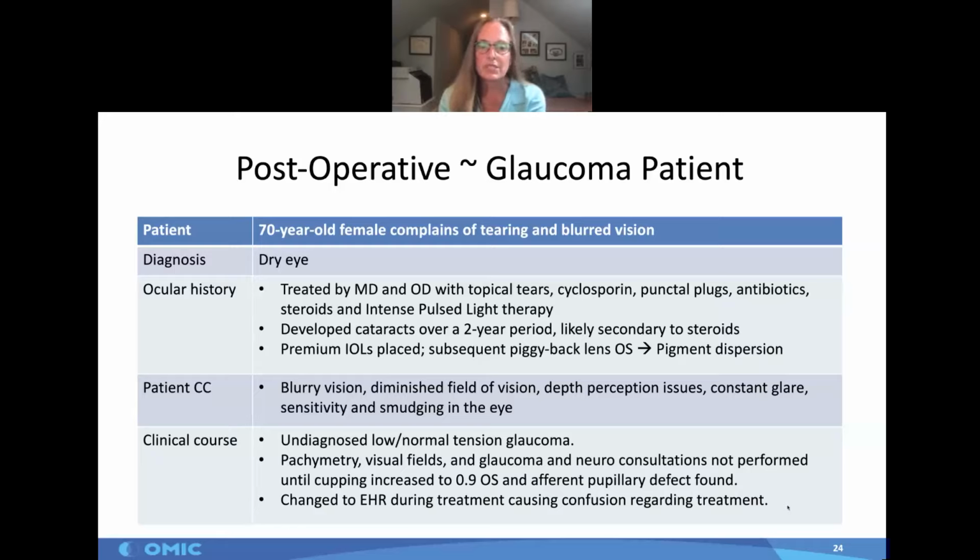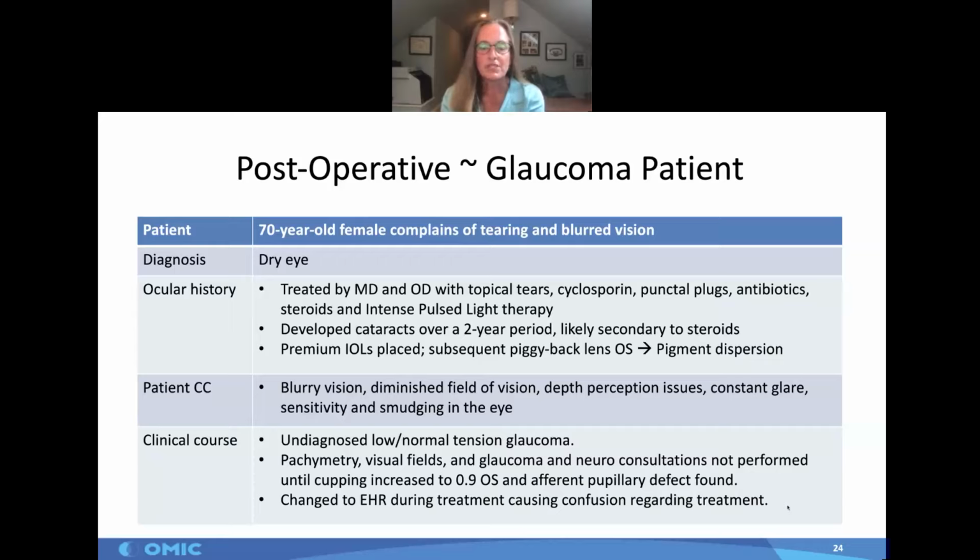The clinical course was such that there was a late diagnosis of low or normal tension glaucoma. Pachymetry, visual fields, and glaucoma and neuro-ophthalmologic consultation weren't performed until the cupping had increased to 0.9 cup and an afferent pupillary defect were found.